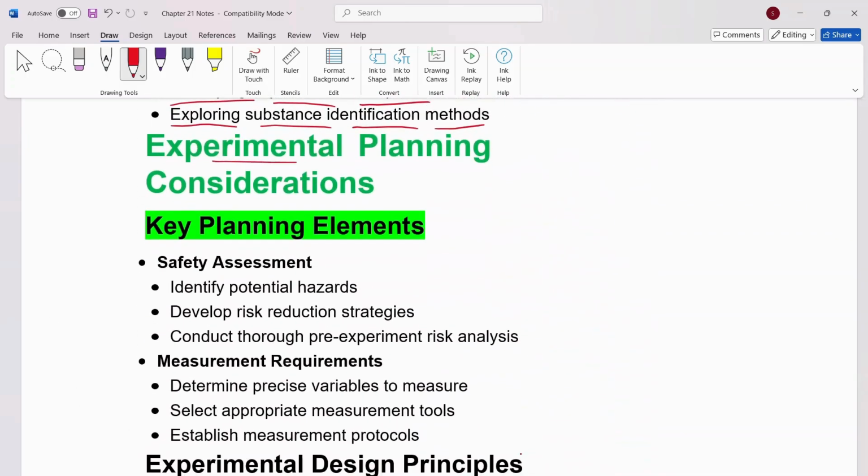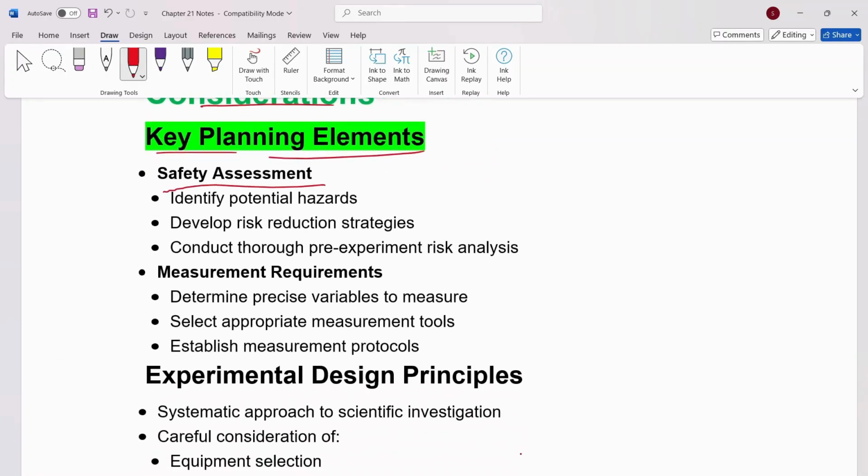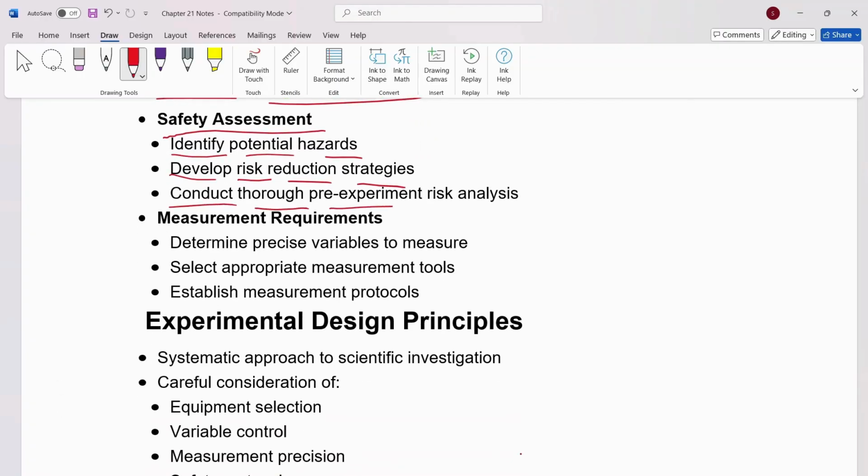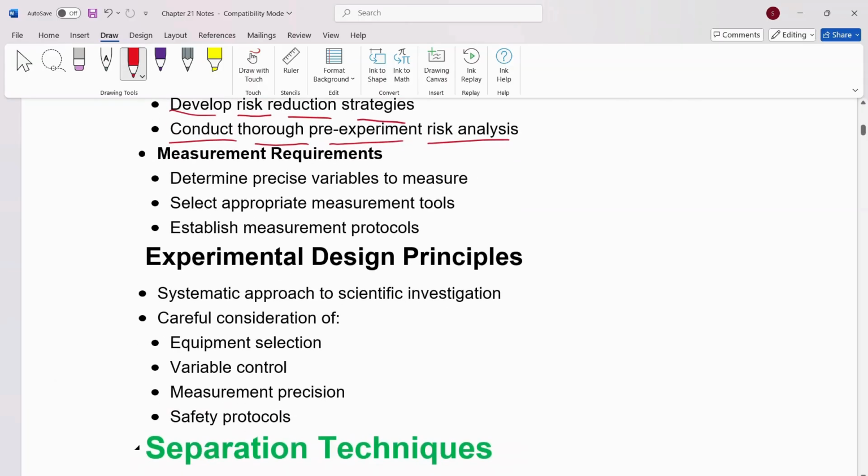Experimental planning considerations. Key planning elements: safety assessment, identify potential hazards, develop risk reduction strategies, conduct thorough pre-experiment risk analysis.